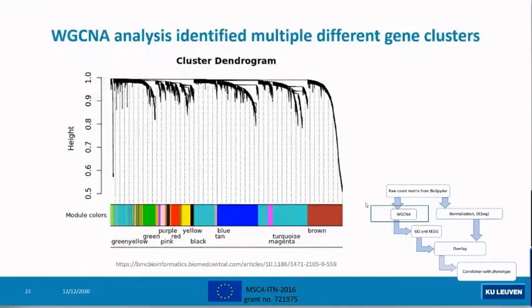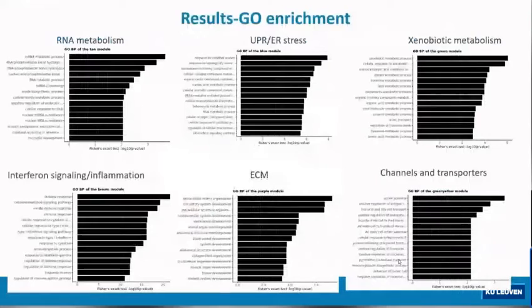Then I did a WGCNA analysis and identified the modules that had genes that were co-expressed. The color denotes which module it is, and the width is representative of how big the module is in terms of number of genes. Then the GO enrichment was used for classifying the modules as per their functions.